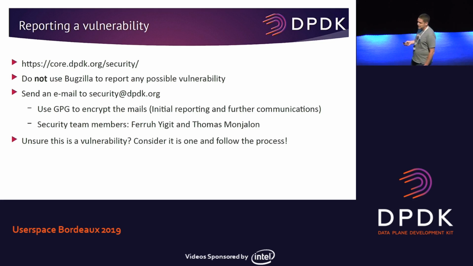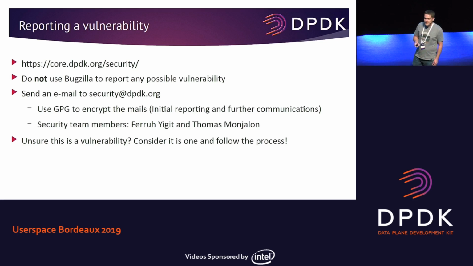So the first step is reporting a vulnerability. For this, we have put in place a simple page on the DPDK main page that provides basic information to report a vulnerability. The first thing to do is not to use Bugzilla and file a BZ, because it would be made public immediately.